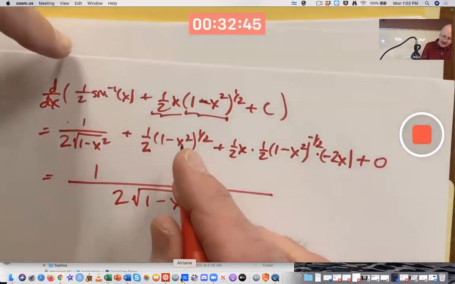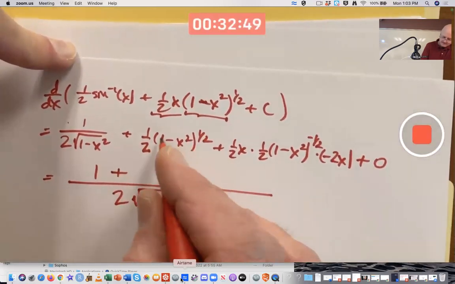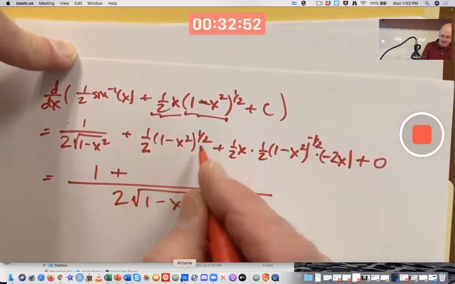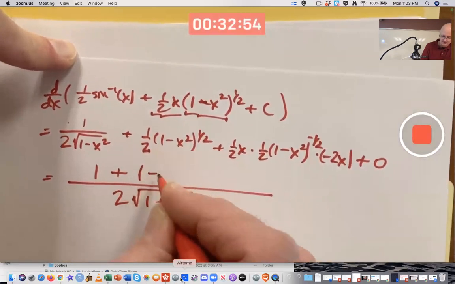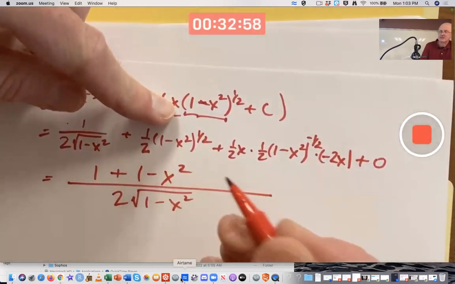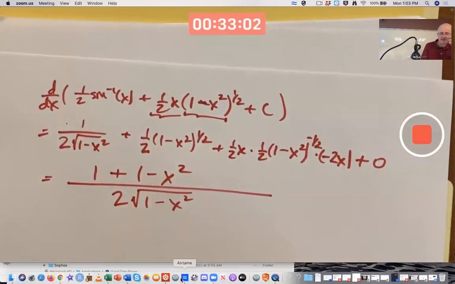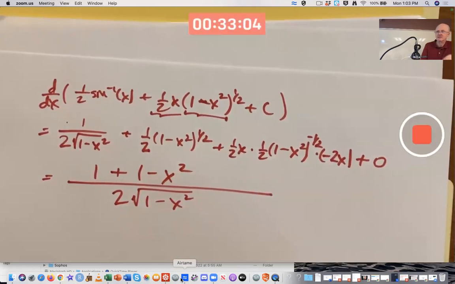And when you multiply the top by square root of 1 minus x squared, you get this expression without a square root, because this is already a square root. Right? 1 minus x squared to the 1/2 is the same as square root of 1 minus x squared. If I multiply that by square root of 1 minus x squared, the square roots do cancel.